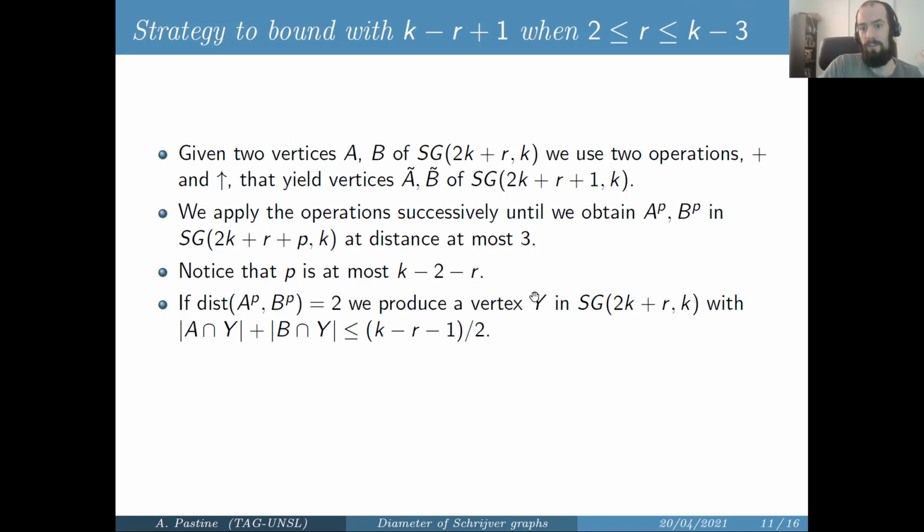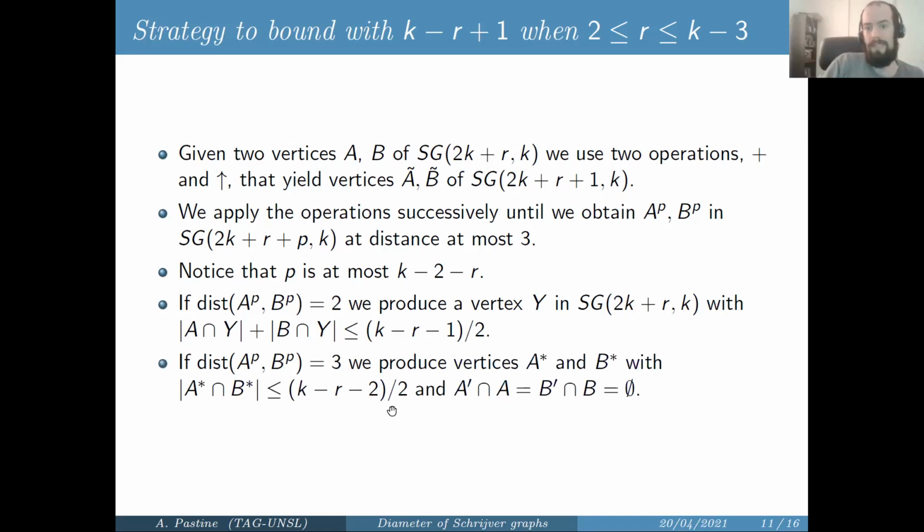If it's 2, we are going to find the vertex Y such that the intersections between A and Y and between B and Y are at most (K minus R minus 1) divided by 2. Using the corollary I showed you before, we get the distance that we want between A and B. When the distance is 3, we're going to produce two different vertices, A star and B star, such that the intersection between them is at most (K minus R minus 2) divided by 2. Again, applying the other corollary from before, we get the distance that we want for A and B.